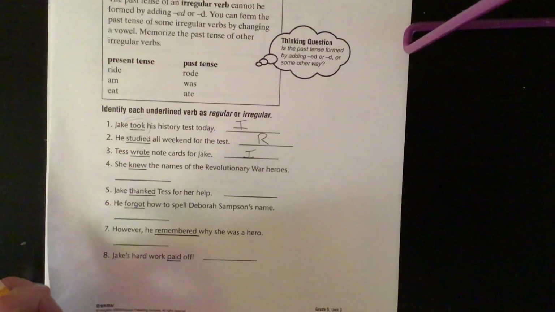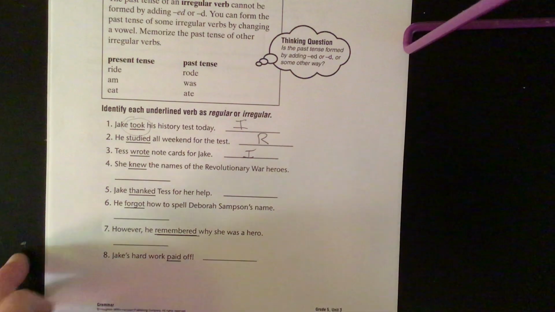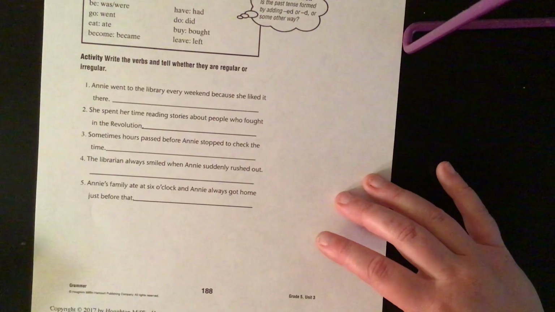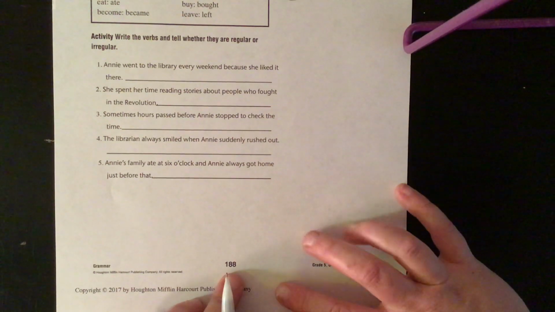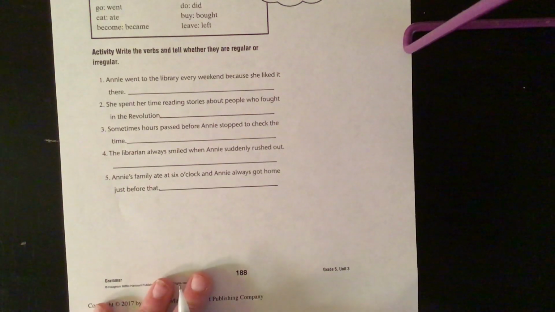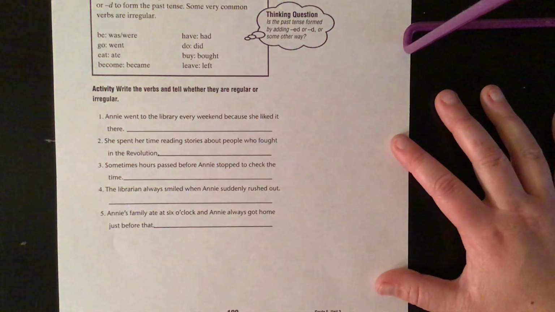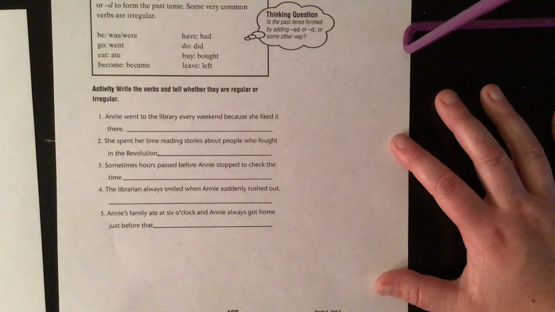Really make sure you're watching if your ending has an ed or a d on the end, or if it's completely changing the word. That's one way to figure out whether it's regular or irregular. Now, page 188 for your assignment. It's a little bit different, but you're going to basically do the same thing.